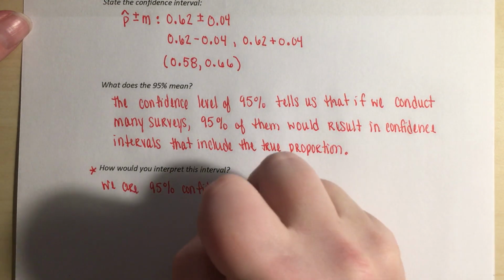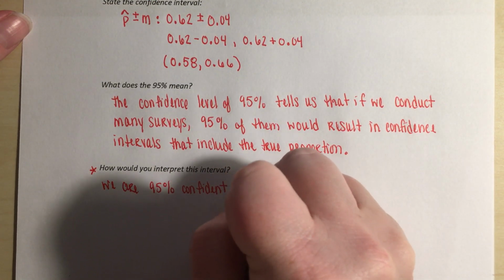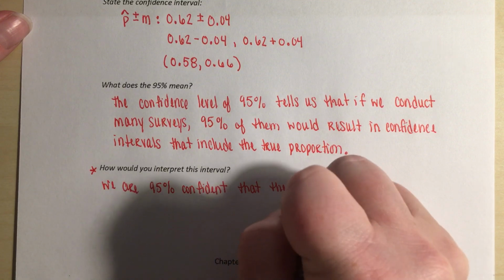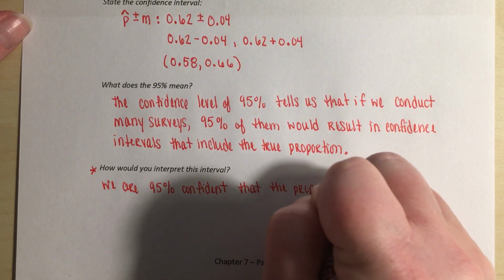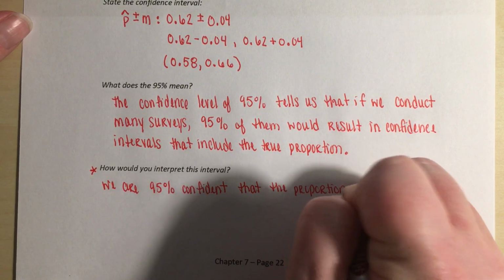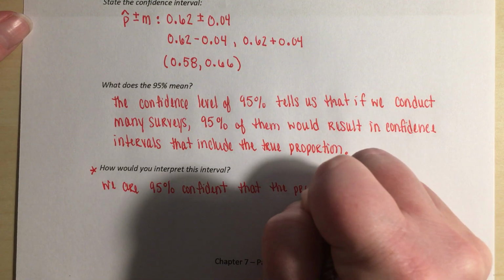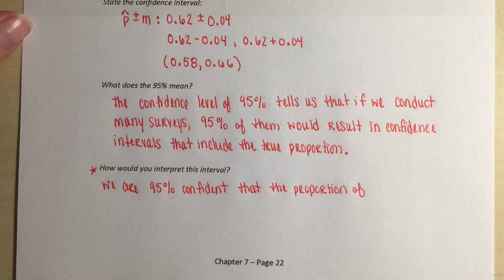So we are 95% confident that the proportion of, and we go back to our original problem. In our original problem, we were talking about U.S. homeowners who believe their home is not underwater.